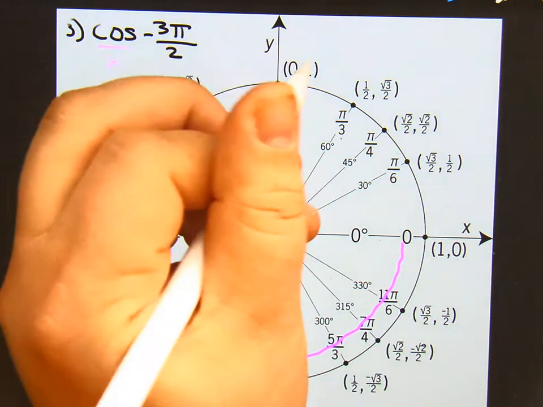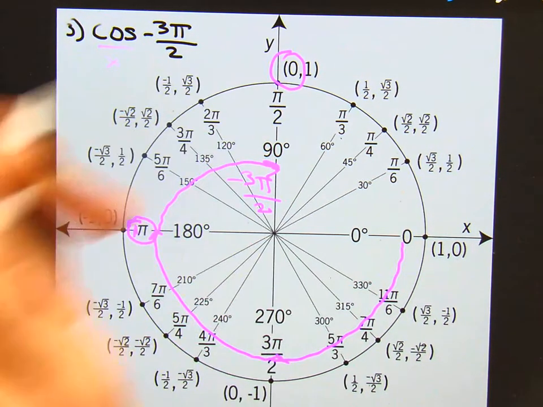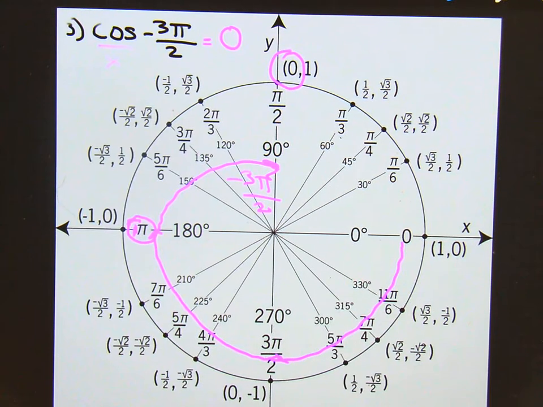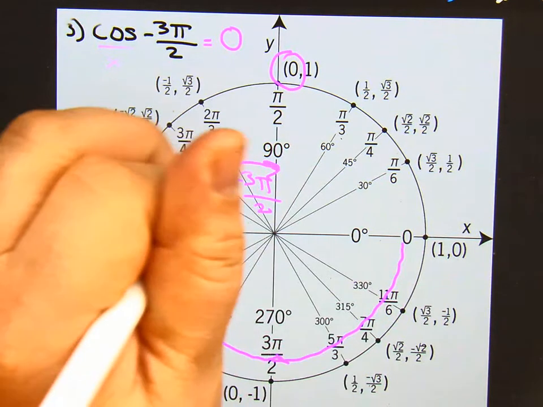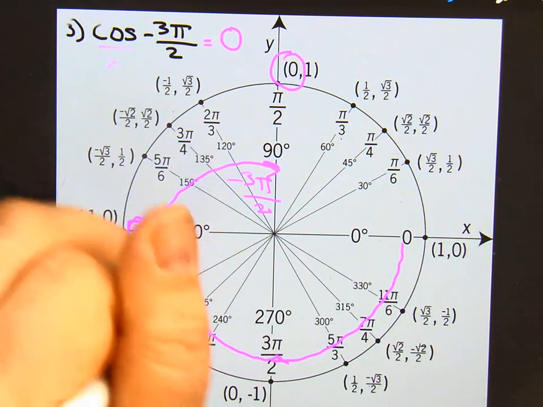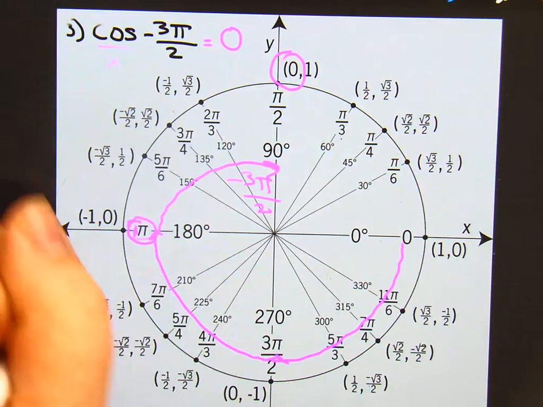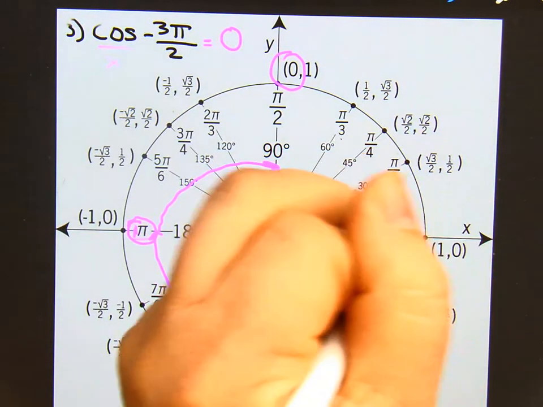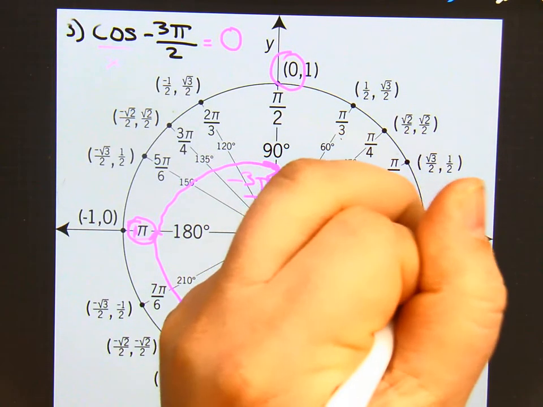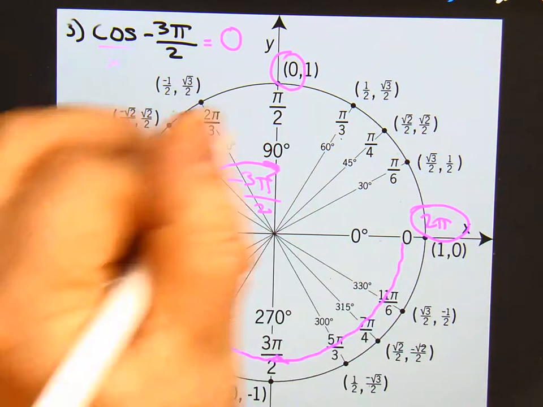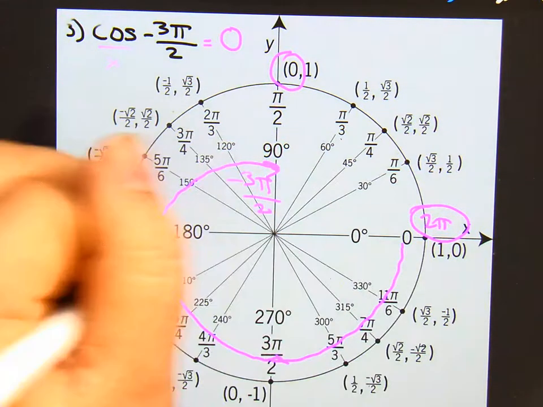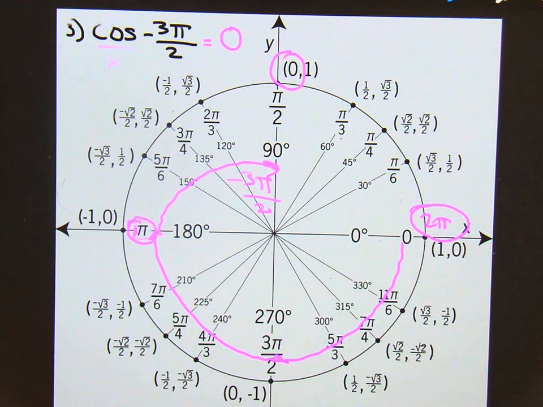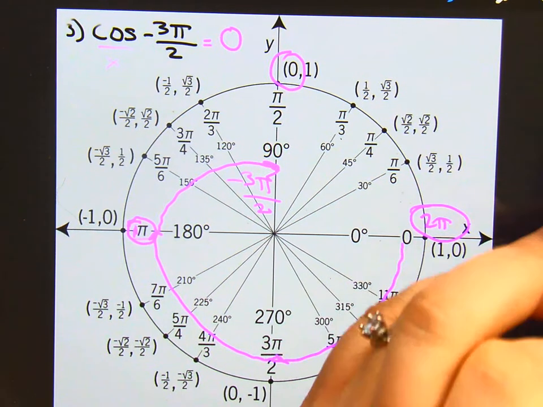I want my cosine at that, so my cosine is 0. Remember, 2 pi is a full rotation, so if I go 1.5 out of 2, my x value is there. Pause and rewrite as needed.